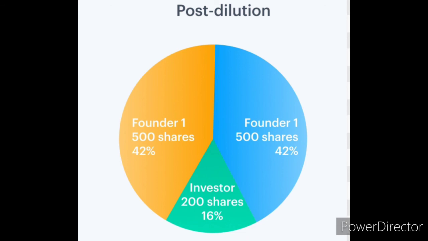As you can see the percentages on the slide, founder number one still had 500 shares, founder number two still had 500 shares, and the other 200 shares are out there for other people to buy. So now, instead of 1,000 shares outstanding, there's 1,200 shares outstanding.